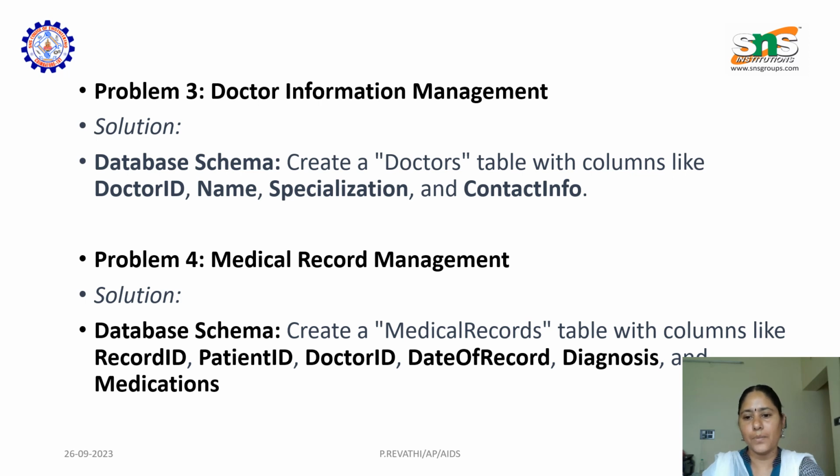Medical record management. Database schema. Create a medical records table with columns like record ID, patient ID, doctor ID, date of record, diagnosis and medications. Medical records is a table name. The attributes are record ID, patient ID, doctor ID, date of record, diagnosis and medications.